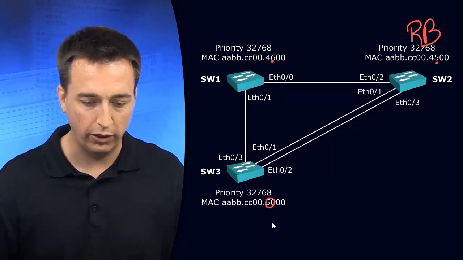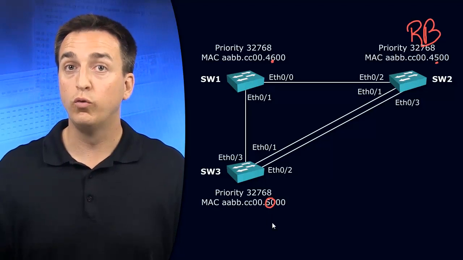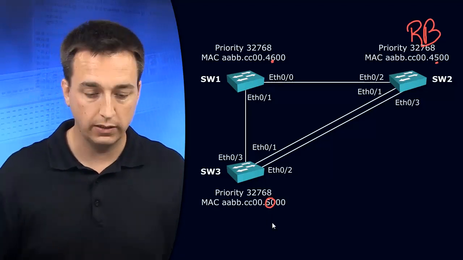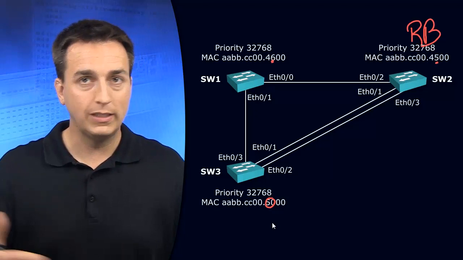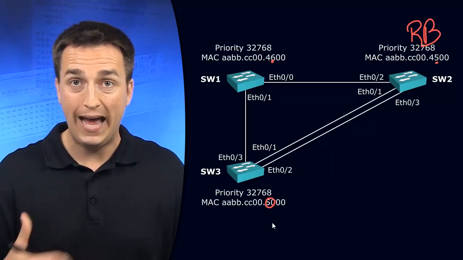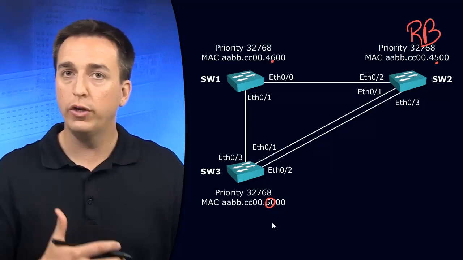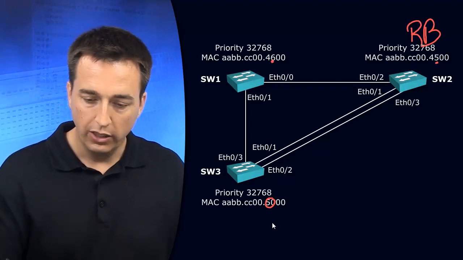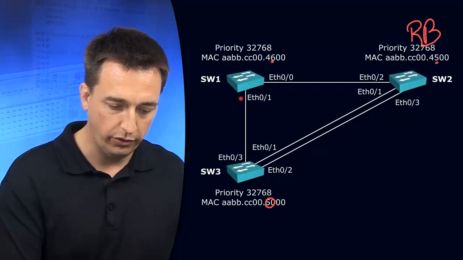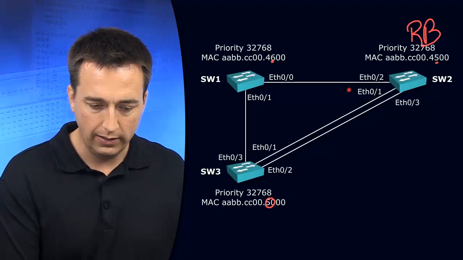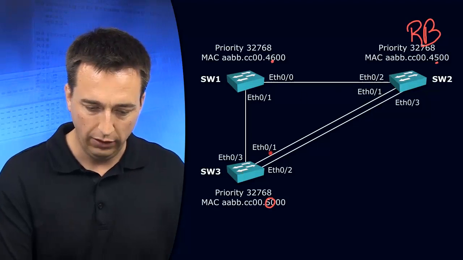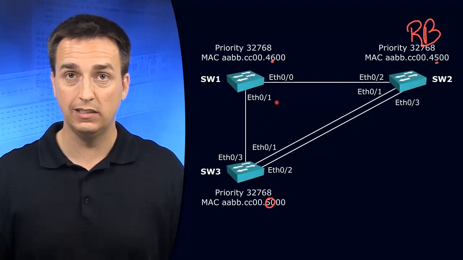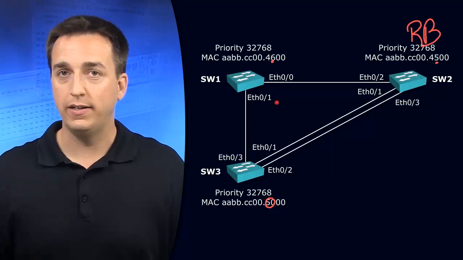The next item we want to look for is the what? Root ports. The root ports are next in line. Those are the ones with the lowest cost back to the root bridge. And we're only going to need to find root ports on what? That's right, non-root bridges. So our focus here is going to be on switch 1 and switch 2. And when I analyze this, I can see that we have a whole bunch of Ethernet ports. So all of these links have a cost of what?